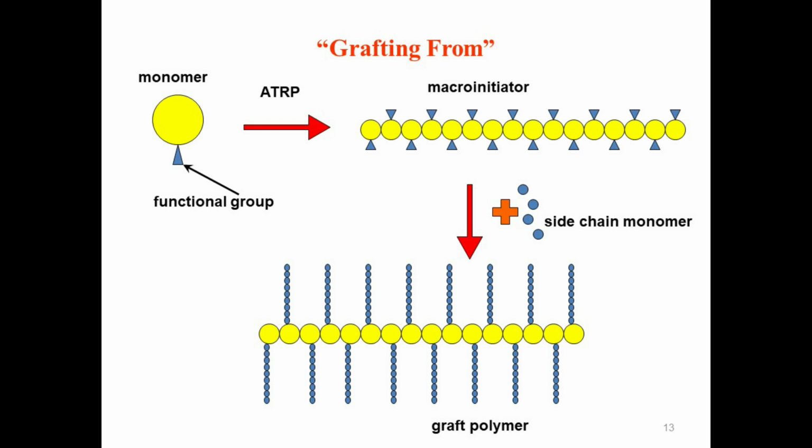After you have built your backbone, you have determined the length of your backbone. Then you do the side chain polymerization. Usually you may be using ROP, depending on what type of monomer you're going to use, and then you can have your graft polymer there.